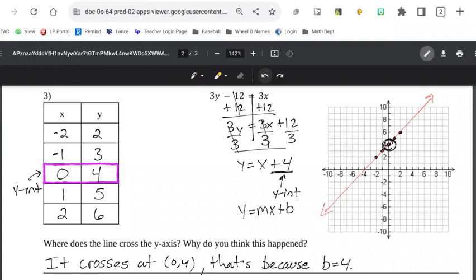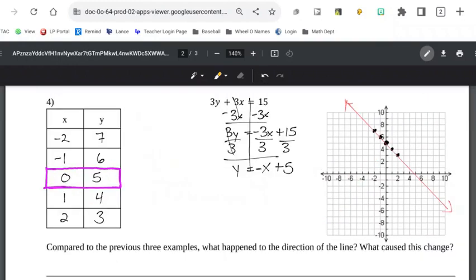Awesome. Let's go to the next one. Actually, let's have you try 4 on your own. We'll come back and then we'll talk about it. See you in a few minutes. All right, welcome back. So let's take a look. My equation is y equals negative 1x plus 5.